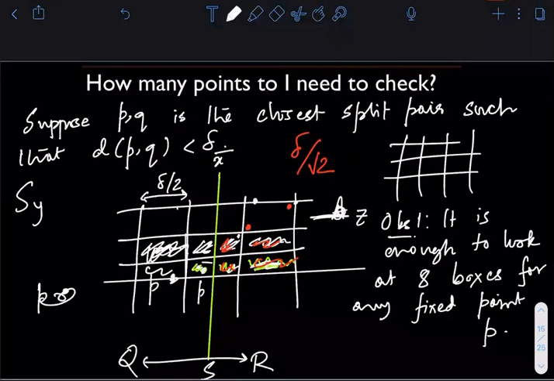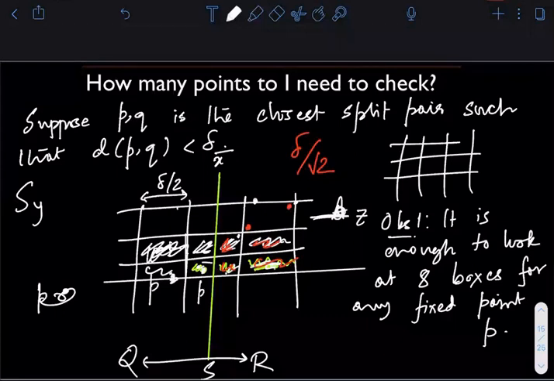And why is that enough? Well, because I know that every time I advance my pointer, I am actually going to hit one box. Now I am at P. Suppose, in the worst case, P is in the left corner box. If I advance my pointer in this SY list, then I will hit a new box. Again, if I advance my pointer, I will hit another new box. But the moment I reach this boundary, then I know that I will actually shift to the next row.